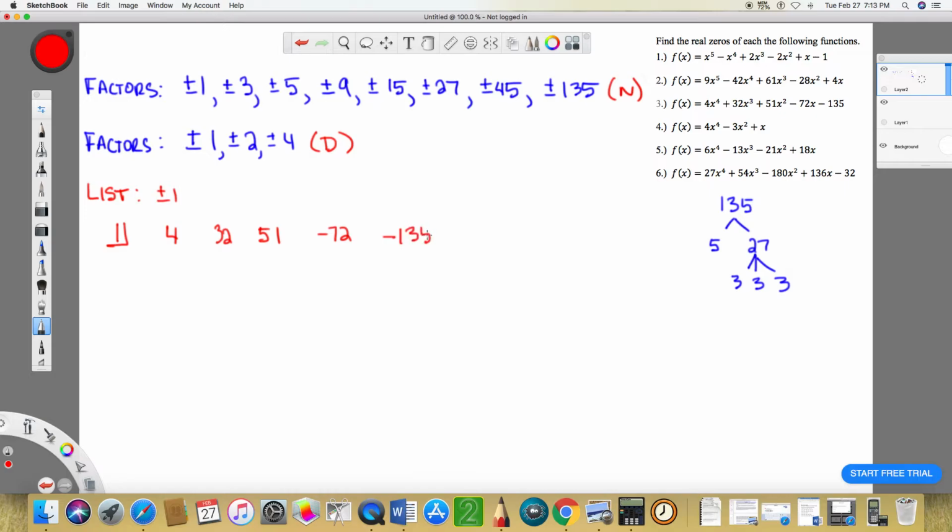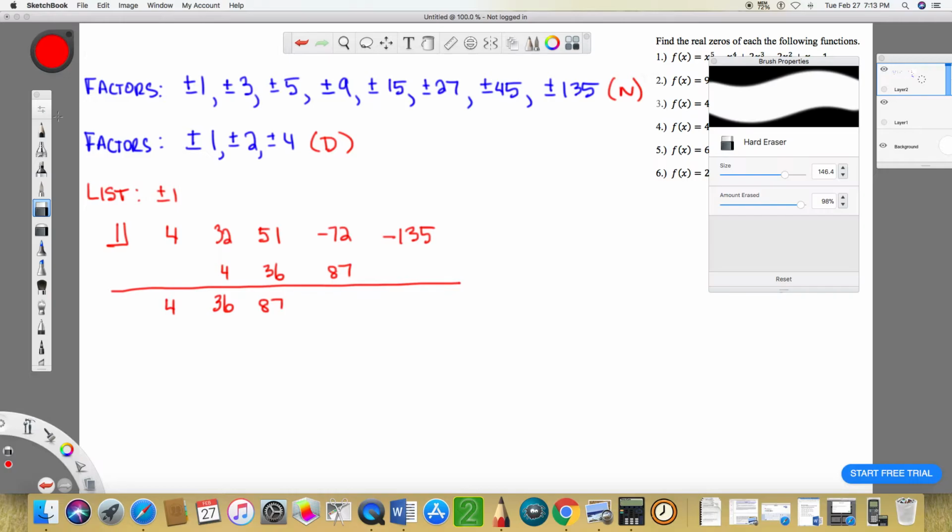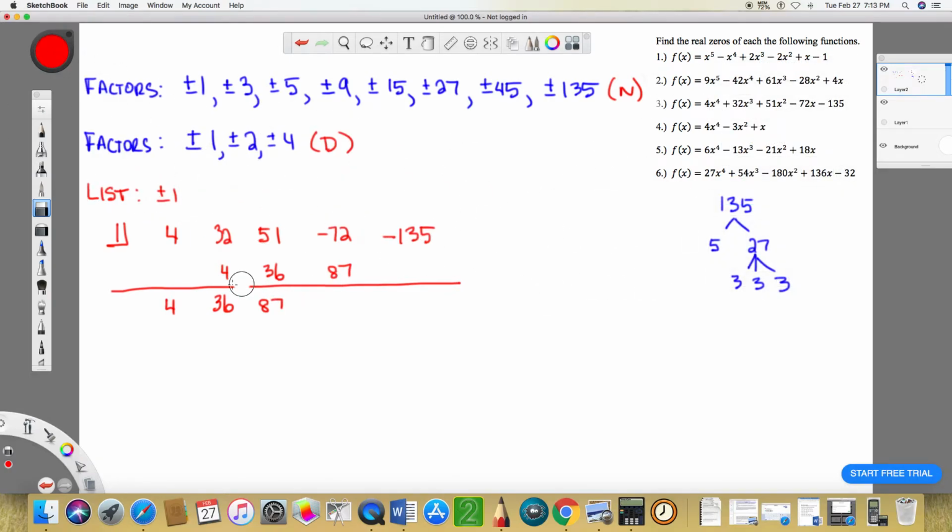All right. So cross your fingers and hope that we get a 0. And it's not looking likely. This is not going to give us a 0. So let's try -1. Maybe it'll give us a 0.